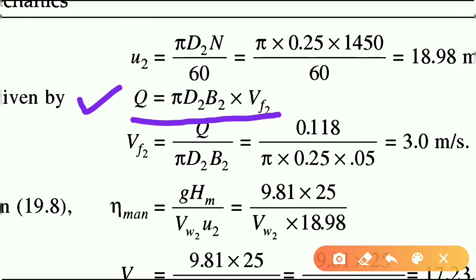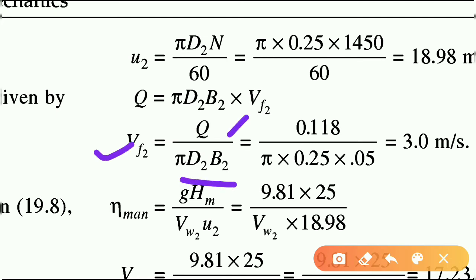In this equation there is Vf2, and the other values like Q, D2 and B2 are already known. Hence we can easily find out the value of Vf2, which is equal to Q divided by pi D2 B2. If we replace all these values into this expression and solve it, we will get the value of Vf2 as 3.0 meter per second.